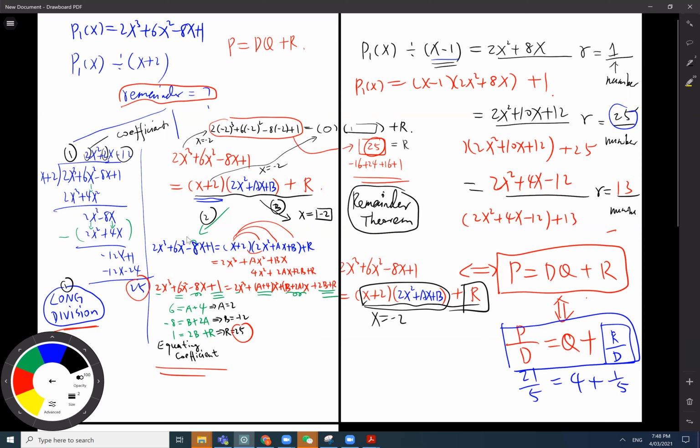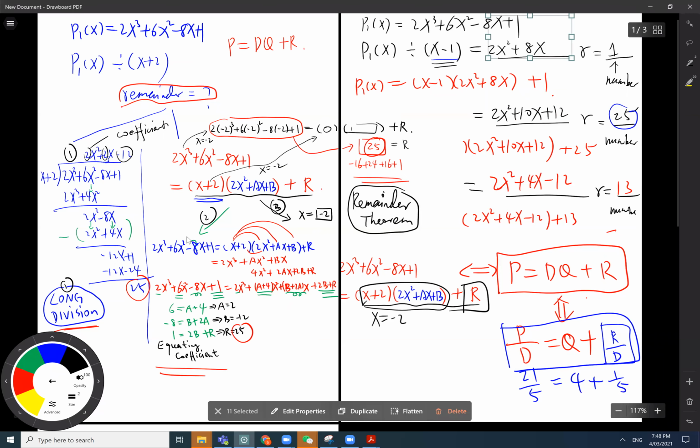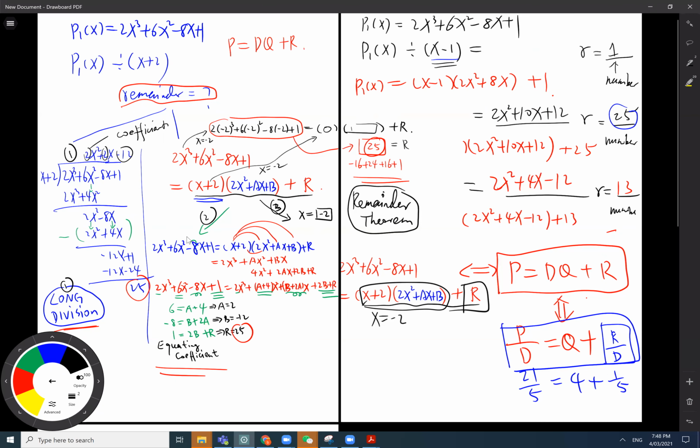Let's check one more here. For example, how do we find the remainder here? Katrina, what value do we put into x for this question? 1. Very good. Because if you substitute 1, we know only the remainder is left on the other side.